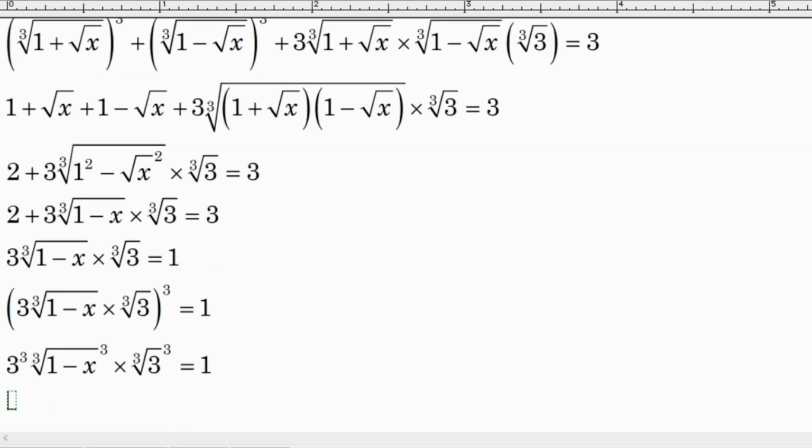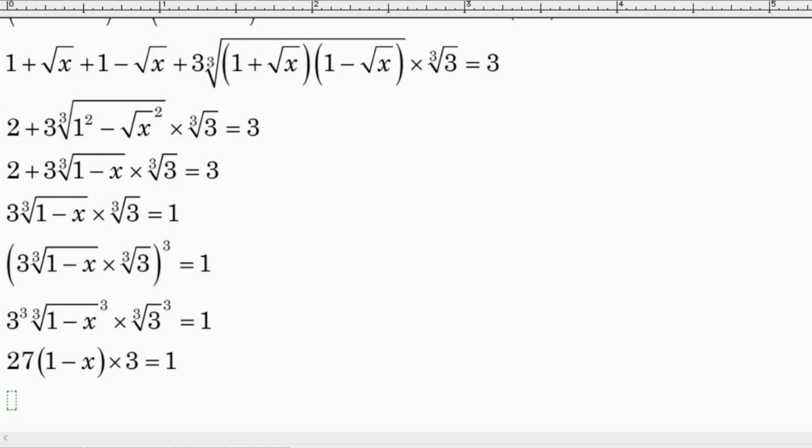Alright, so 3 cubed is equal to 27, and here we can simplify the cube root with the cube, so we will get 1 minus x, and then multiply here, which is equal to 3, and then equal to 1. Alright, so now we have 27 multiplied by 3, which is equal to 81.